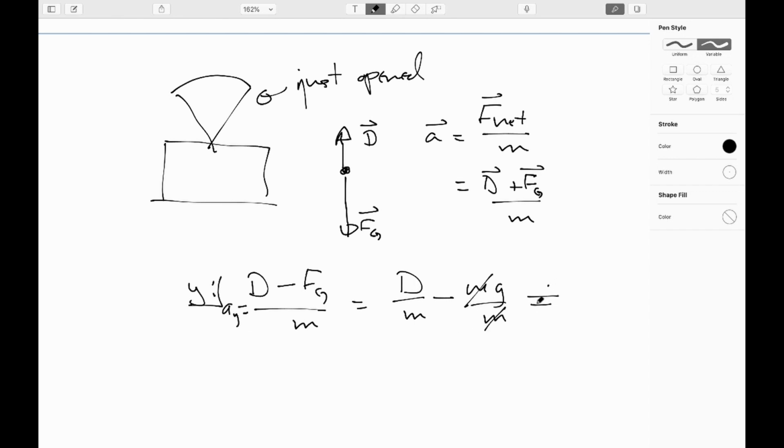The point is that this is very much not equal to negative 9.8 meters per second squared if we're near the surface of the Earth. We're going to get some number that's closer to 0. So the magnitude of the acceleration will be less than 9.8 meters per second squared.